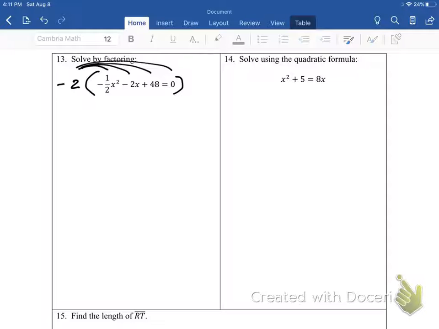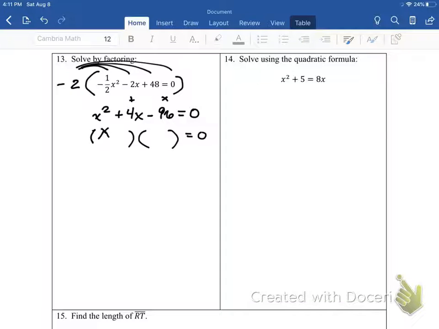Okay, so that's going to be x squared, negative 2 times negative 2, positive 4x, and then negative 96 equals 0. Okay, so now let's factor this. So when we factor, we have to find out what multiplies to be negative 96 and adds to be 4.